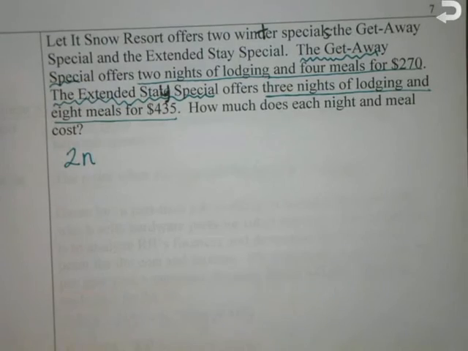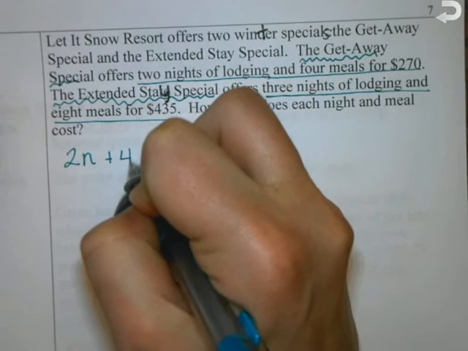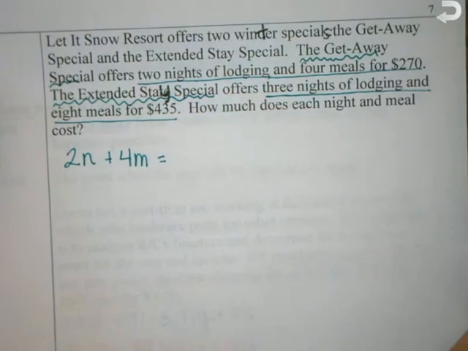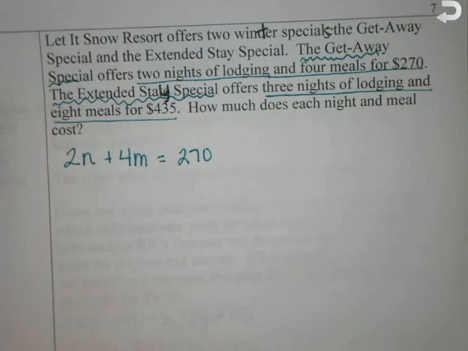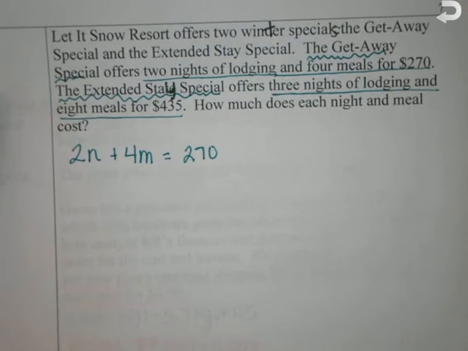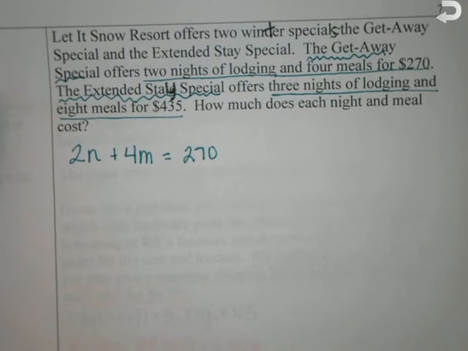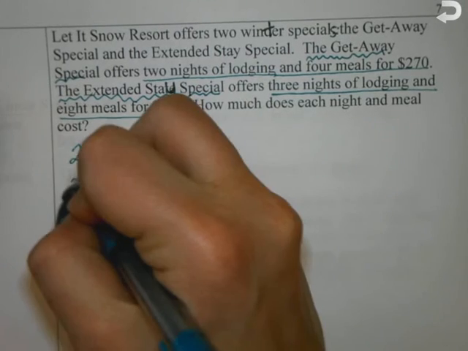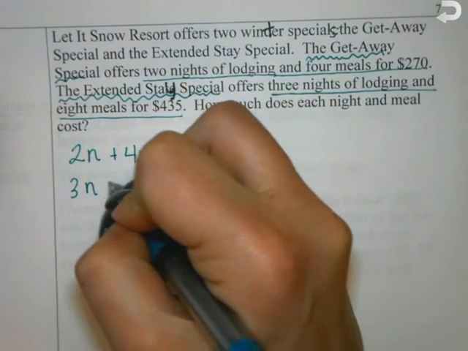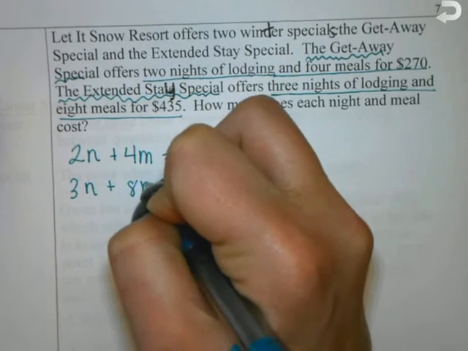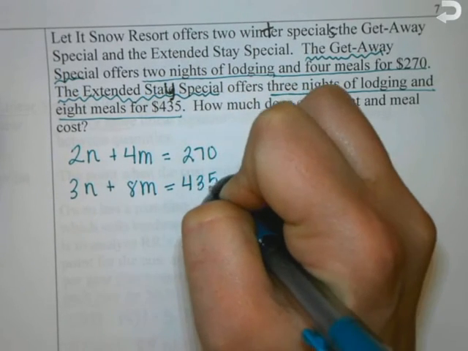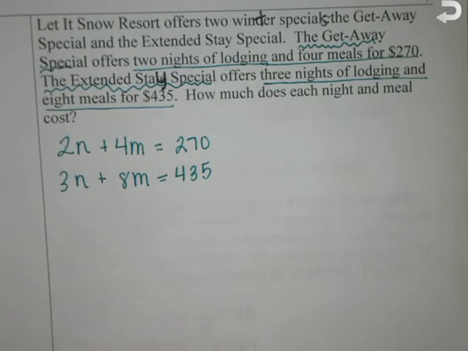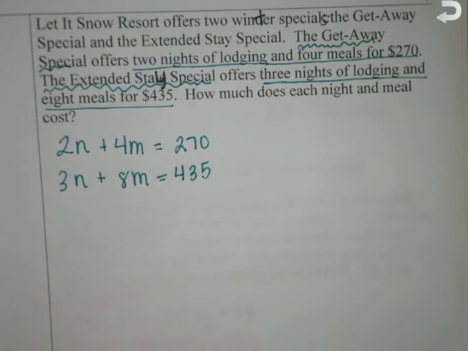So plus 4M equals $270. So how would we write the extended stay special? 3N plus 8M equals $435. And then we would use elimination to solve, yes?